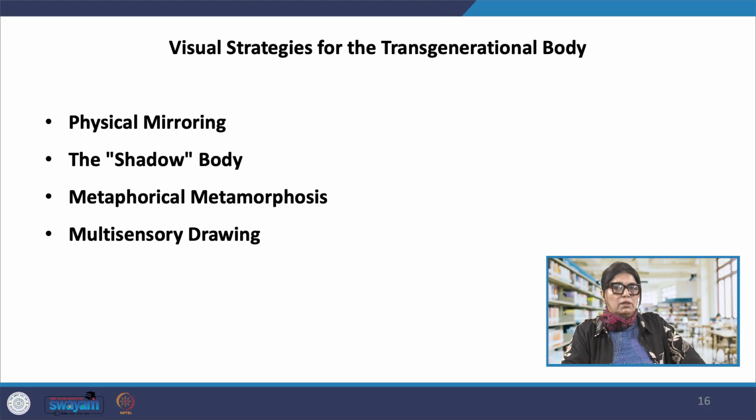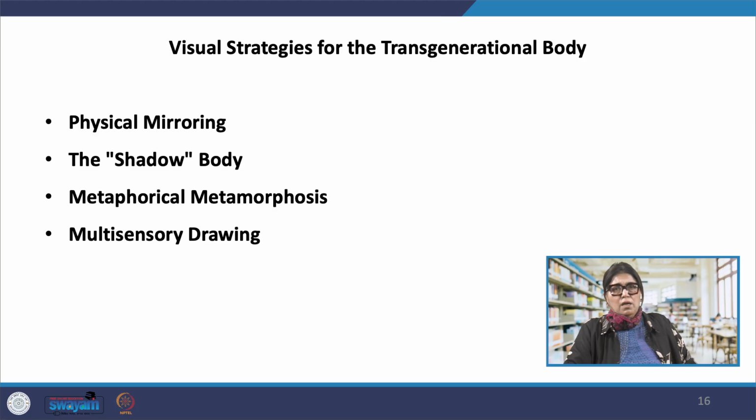The shadow body: trauma is frequently depicted as a literal shadow or a ghostly presence that attaches itself to the body of the descendant, as seen in works like Art Spiegelman's Maus, where the mouse mask of the survivor casts a shadow over the child.